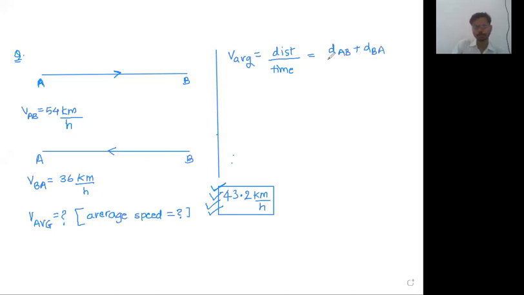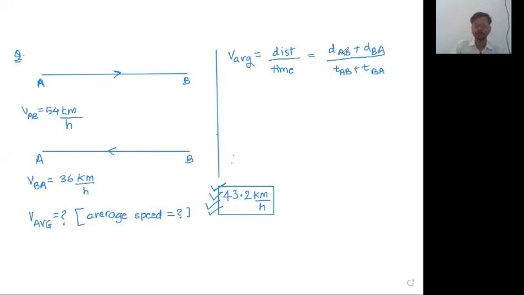Now everyone observe. Distance AB plus distance BA, divided by time required for the motion AB plus time required for the motion BA.